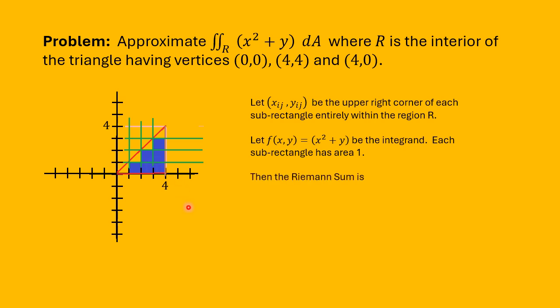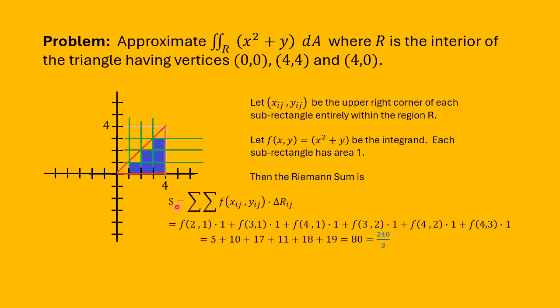And so we can now set up the Riemann sum. The Riemann sum is going to be the sum of f, this function up here, the integrand, evaluated at x sub ij, y sub ij. And for the ijth subrectangle, that x, y point is going to be the upper right vertex of the square.